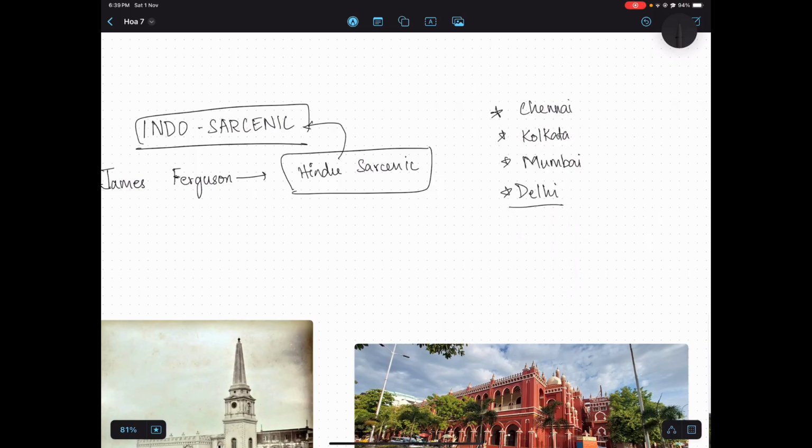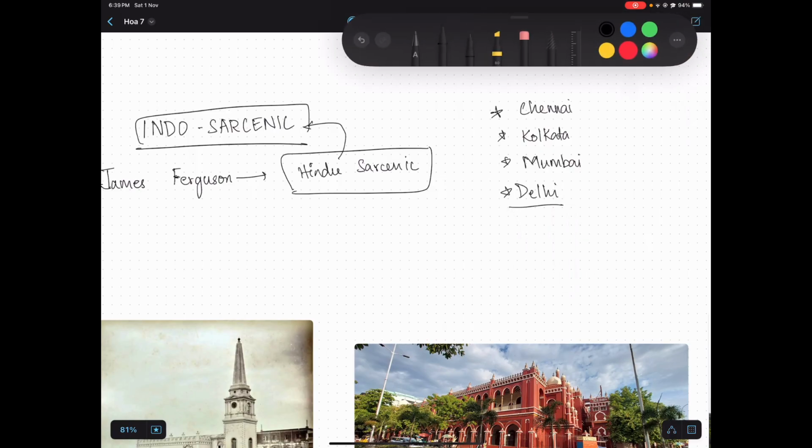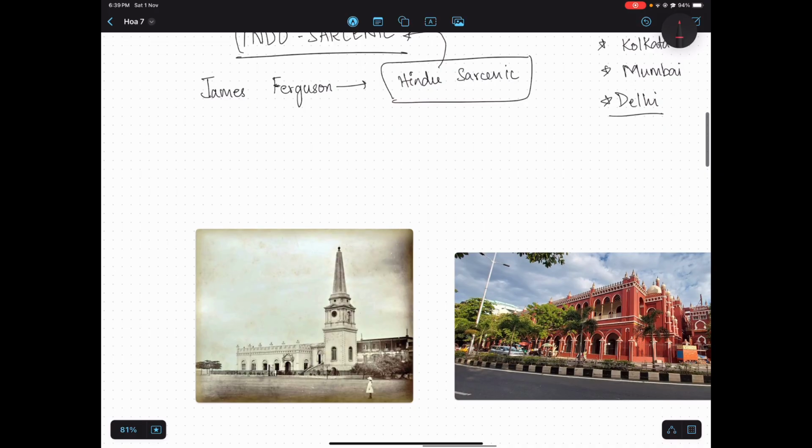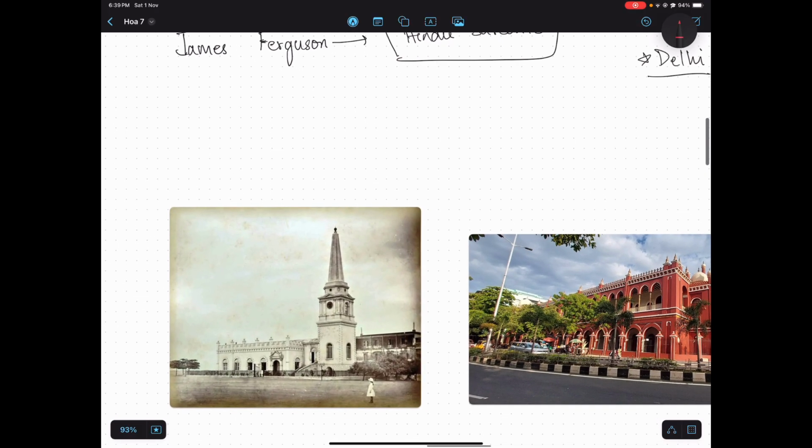So let's start with Chennai. Chennai has the oldest British church. So this is that, which is Saint Mary's Church. All the structures that I'm going to talk about right now are of Chennai.